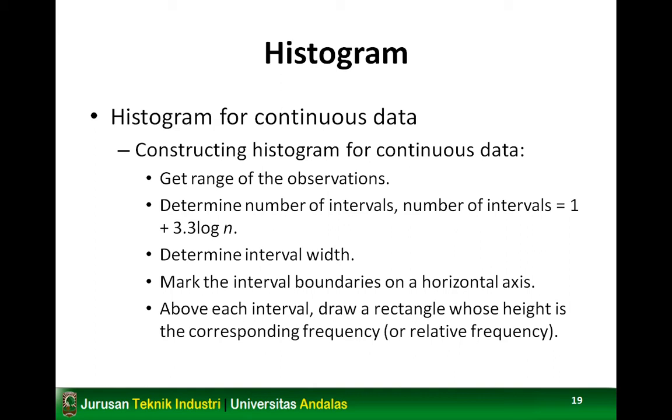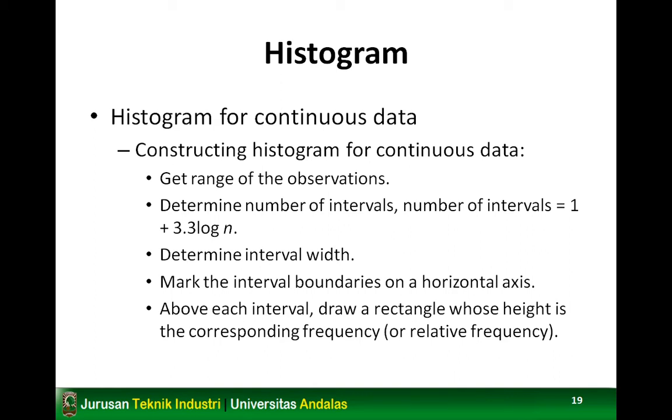Then you need to determine the width of the intervals, and then we need to decide the interval boundaries, and then above each interval we need to draw the histogram.